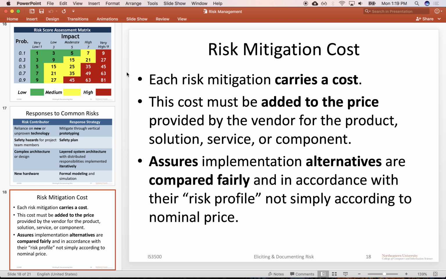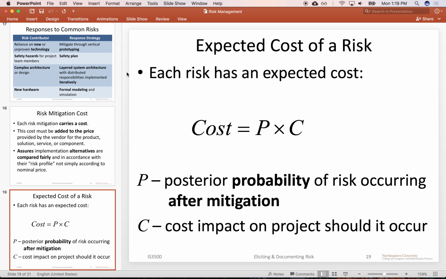So that we're not skewing one of the choices over another, right? So the cost, whatever the cost you think is going to be, and then the probability after mitigation.